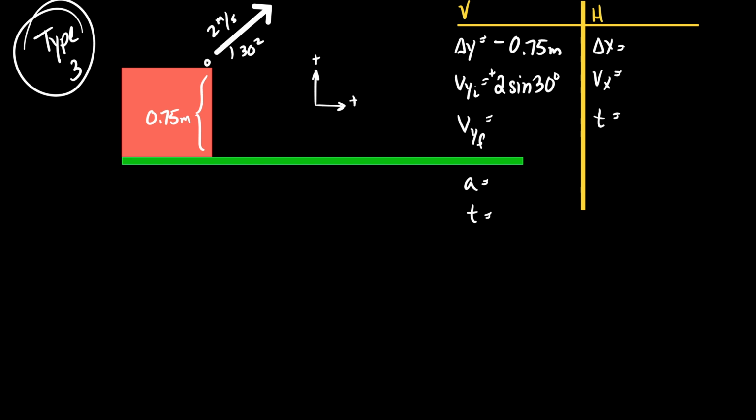I don't know Vy final, but I know the acceleration is going to be 10 meters per second squared and will be negative. I'm probably trying to figure out where it lands, so I don't know delta x. But I do know that my velocity is going to be positive 2 cosine 30 degrees.